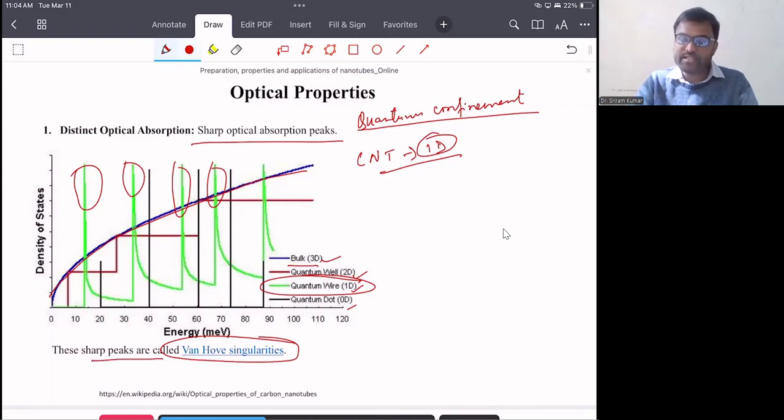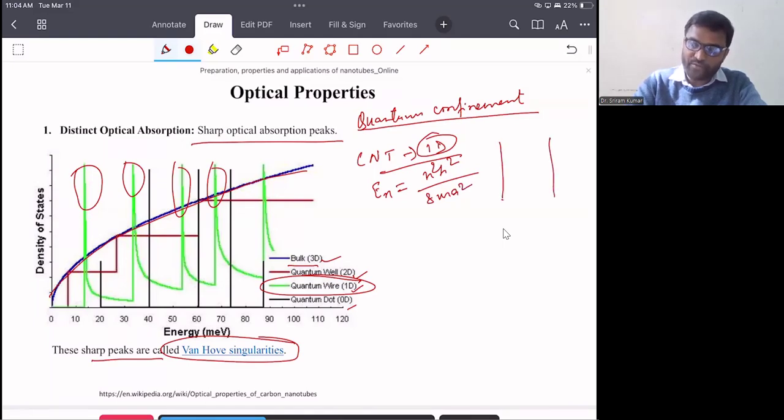So we can explain that confinement of electrons in 1D. You might have studied quantum mechanics or quantum physics. According to quantum mechanics, the energy level is n squared h squared by 8ma squared, where you have confinement of the electron from 0 to a.